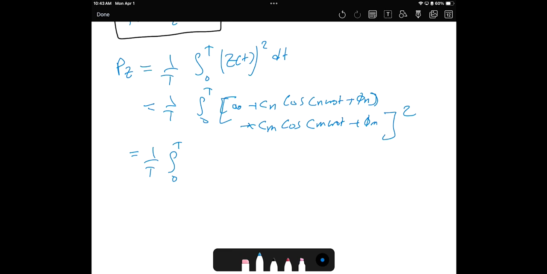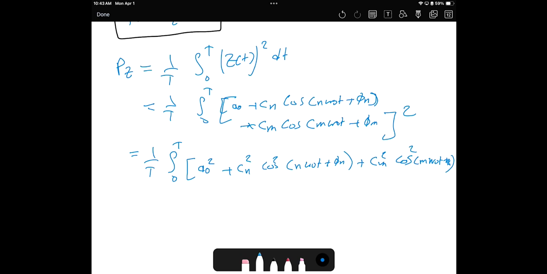Okay, so we have here a naught squared plus Cn squared cosine squared of n omega naught t plus Vn, plus Cm squared cosine squared of m omega naught t plus Vm.